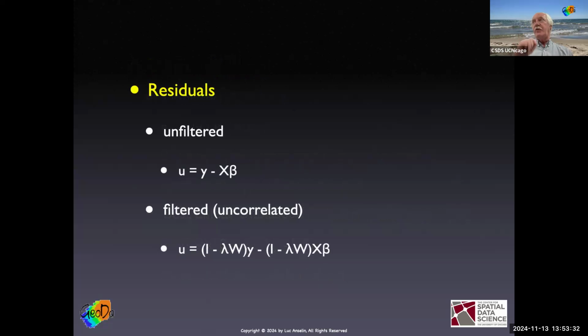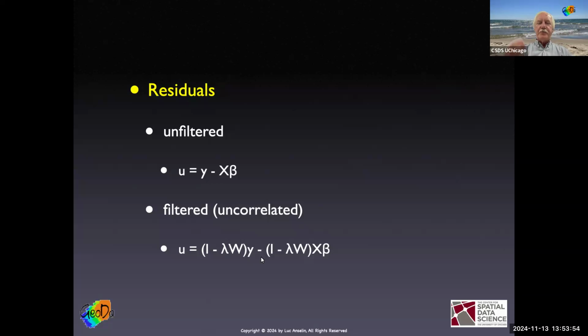Residuals, just like we saw for the lag model, depending on which one you use, if you take the regular residuals, the unfiltered residuals, they will still be spatially correlated. If you filter out the spatial correlation, they will not be spatially correlated, or they shouldn't be. If they are, something is wrong, right?